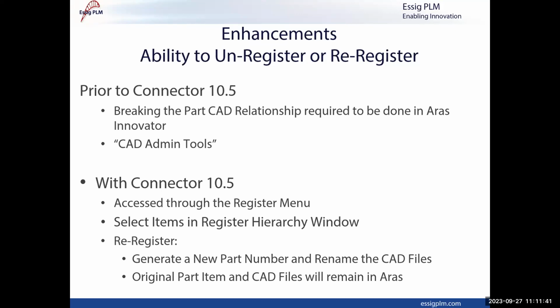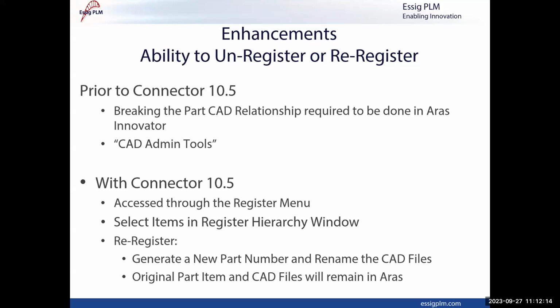Prior to 10.5, you probably worked closely with Bill Gilchrist on the CAD admin tools, where you went in and exposed the CAD structure relationships and the part CAD relationships, and had to go through that just to clean it up. Now you don't have to do that. In 10.5, through the register menu, you will now see two options: re-register and unregister.